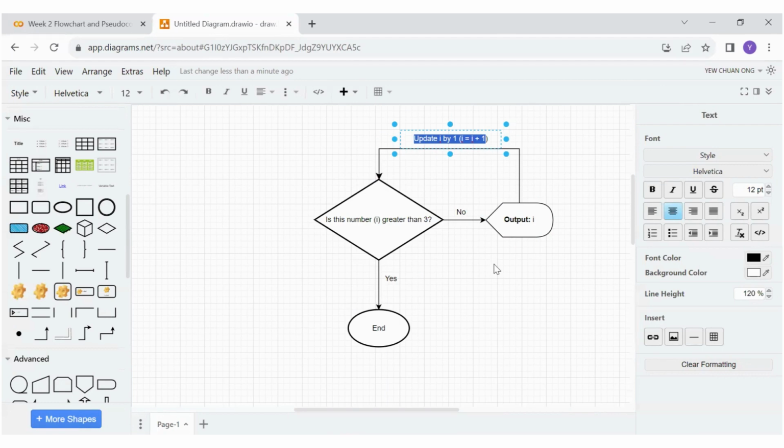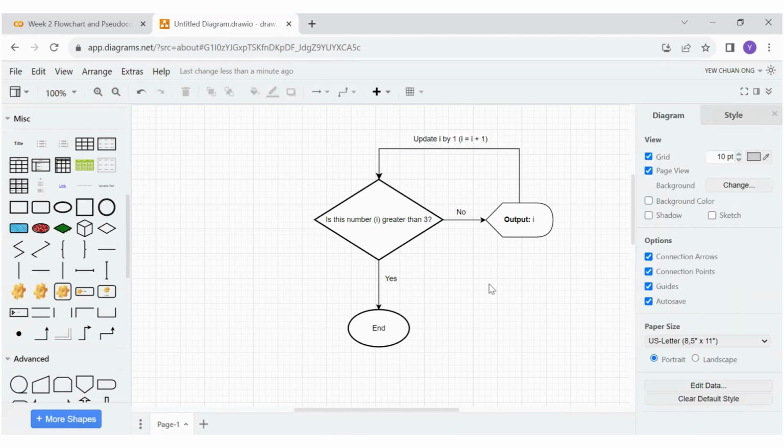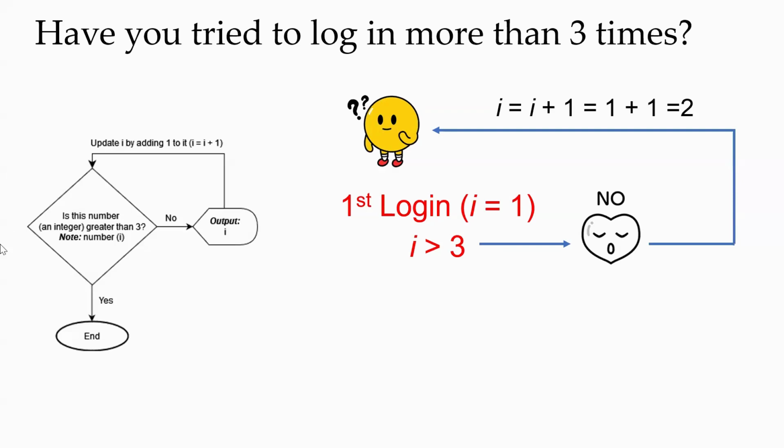So I think that's it for how to draw a flowchart to illustrate the looping structure using draw.io. So this is the flowchart that we drew earlier to indicate loop. Now I want to explain it by providing you with an example, the example that we have gone through a few times in our class.